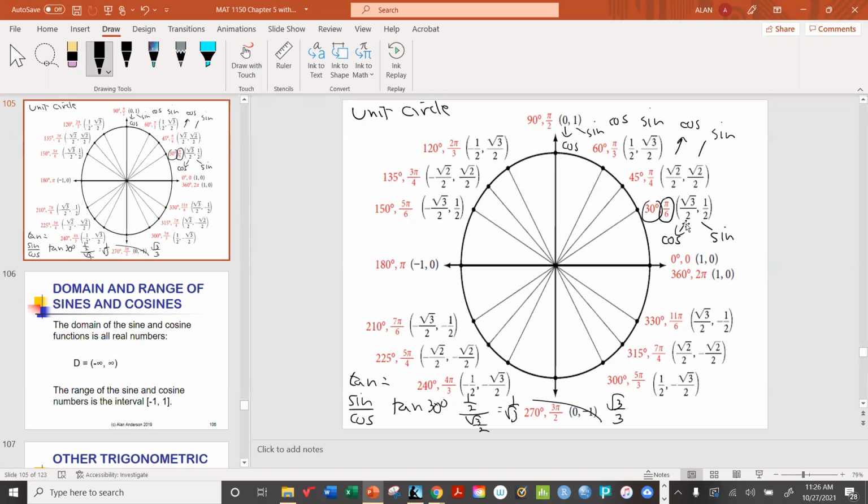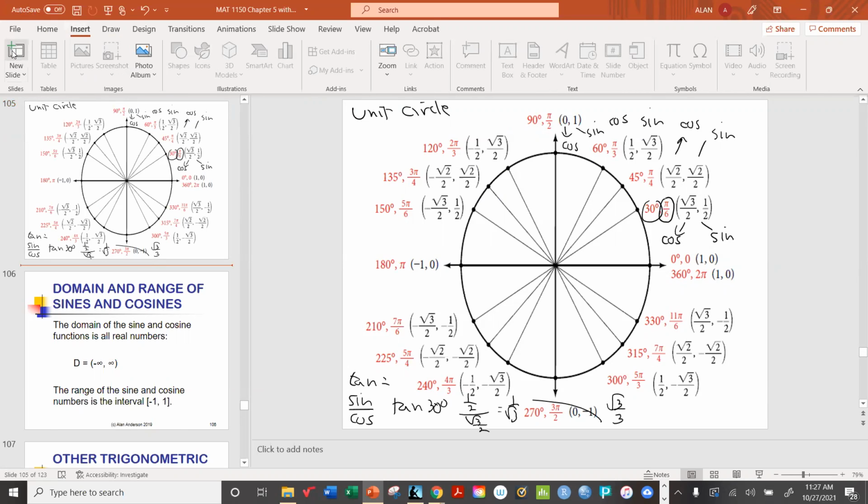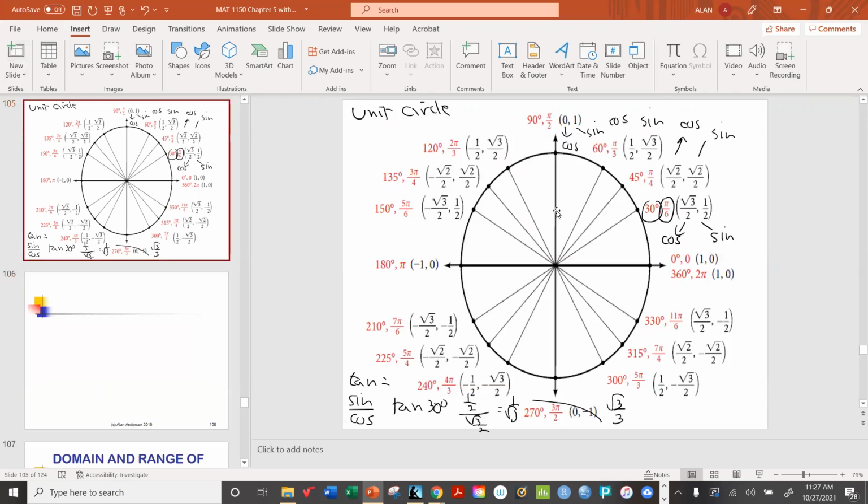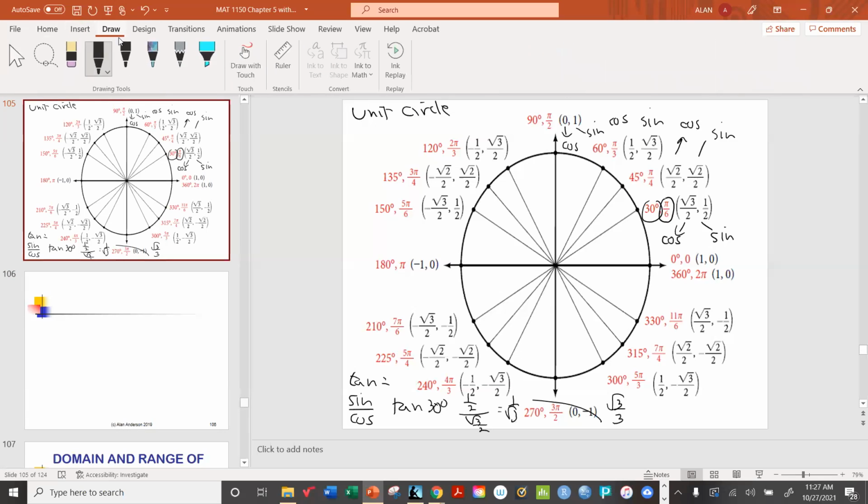What about the others, though? Well, remember, they're all based on the first three. In other words, the cosecant is the inverse of the sine. So actually, let me do this on a separate page here. We don't want to clutter this up too much.